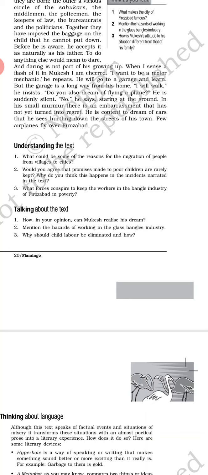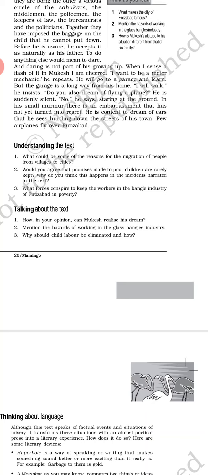He is thinking only of fulfilling his dream, which is rooted in reality. His ambition is to become a motor mechanic, and he is determined to do anything to fulfill it. In fact, he says he would walk the distance to the garage, though it is far away.